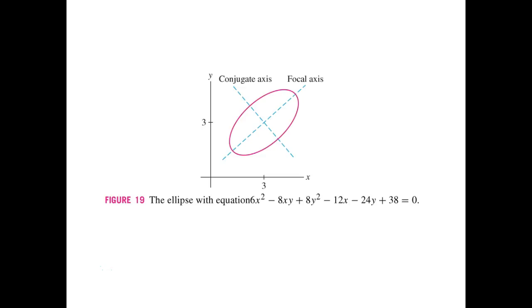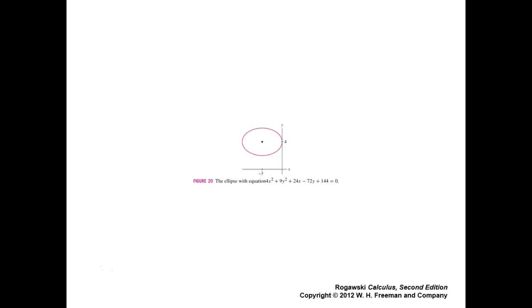Positive on x, positive on y. That's what that's doing. And since you have the cross term here, you have rotation. Okay? And equals 38 is just a ramification of what you got. We're not doing anything with that, but that's just what happens when that's the case, if you see ones that are fairly complicated like this.